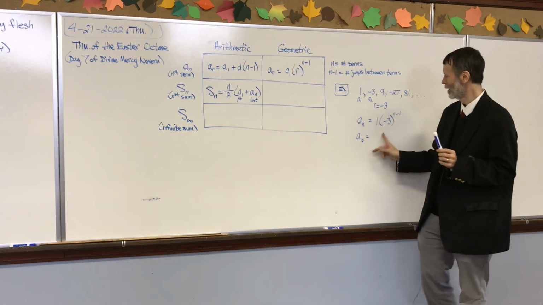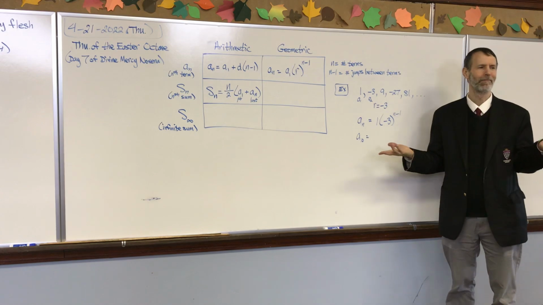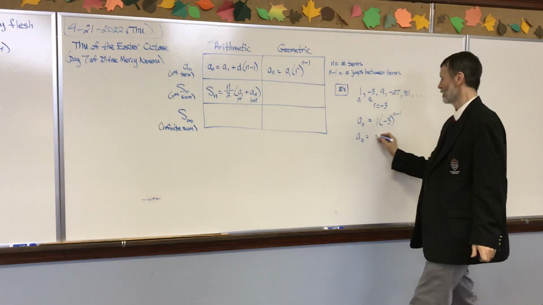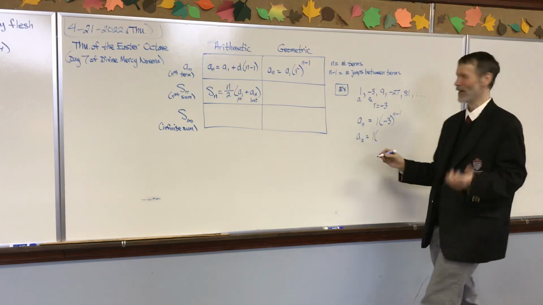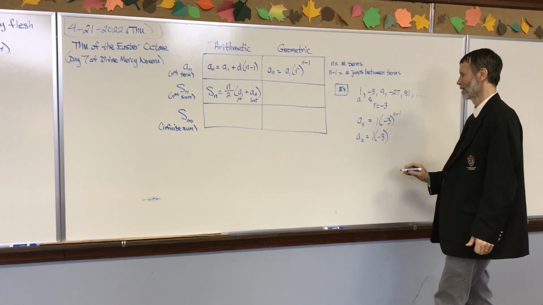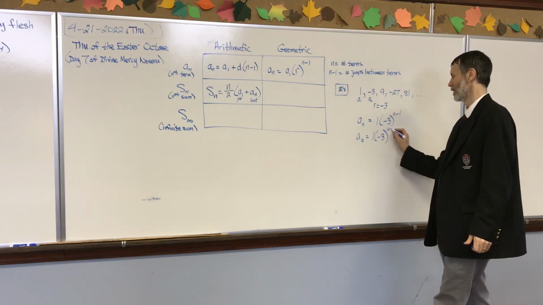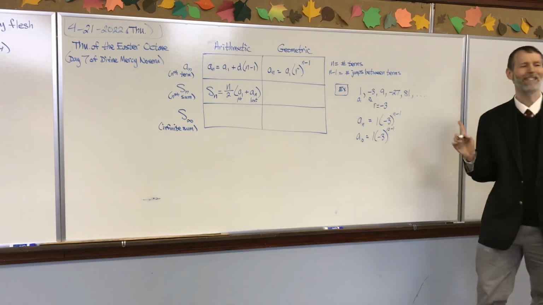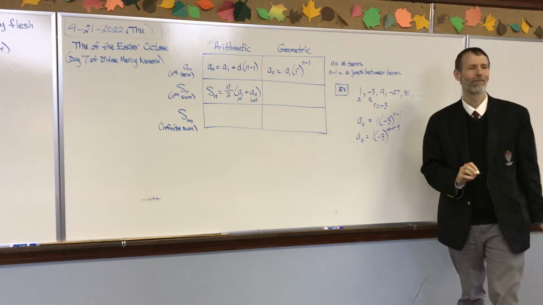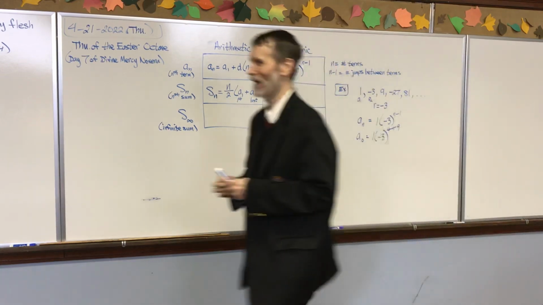So, keep going. How do you do that? 1 times -3 to the power of what? 10 minus 1, which is 9. I would suggest you not type that into a calculator. I would suggest you type 9. That's what I did. I'm going to grab my calculator.